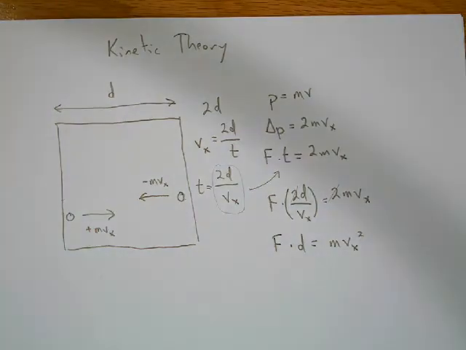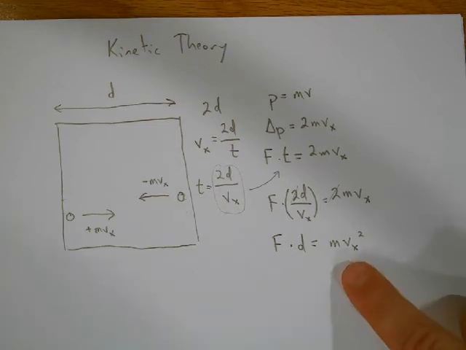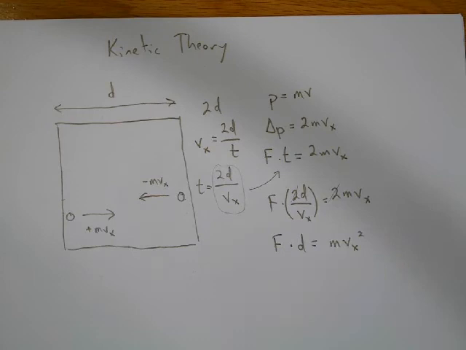Now remember, the whole goal of this was to relate pressure and kinetic energy. So let's see if we can get pressure and kinetic energy. First of all, you'll notice it looks like I almost have kinetic energy here. But remember, this was a molecule that's only moving in the x direction. Is there something special about the x direction?